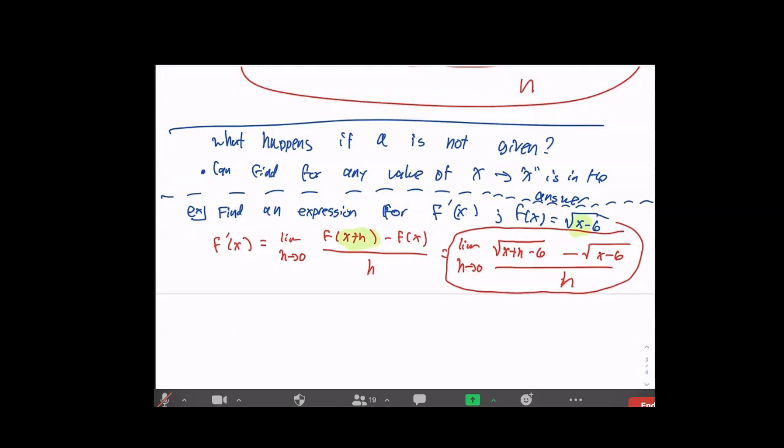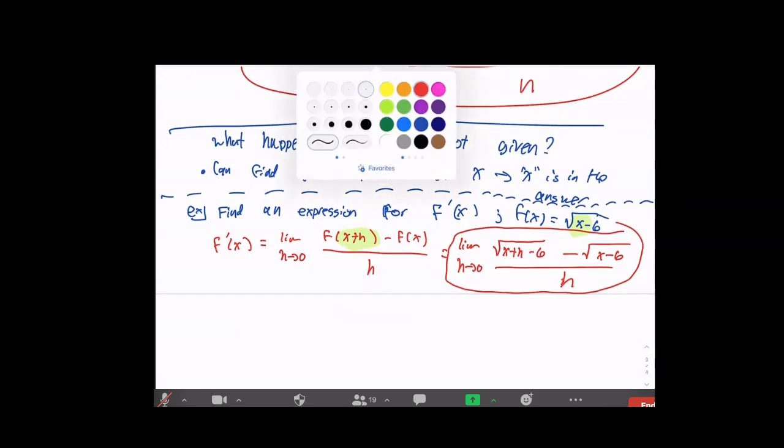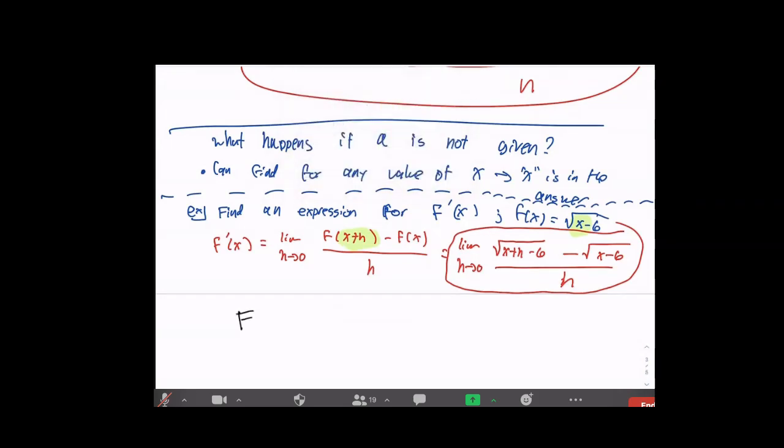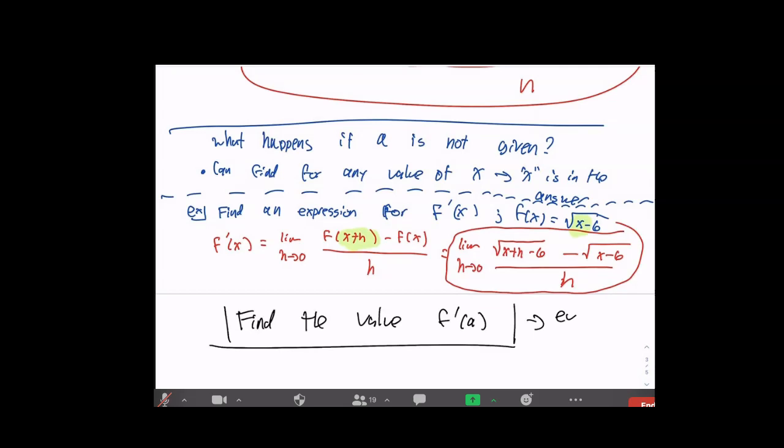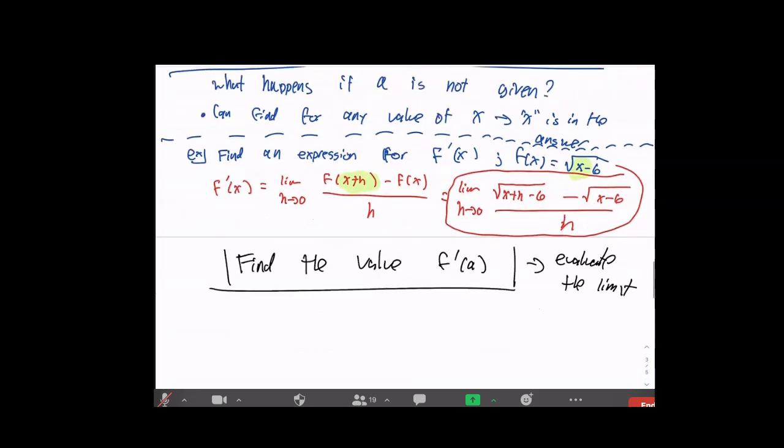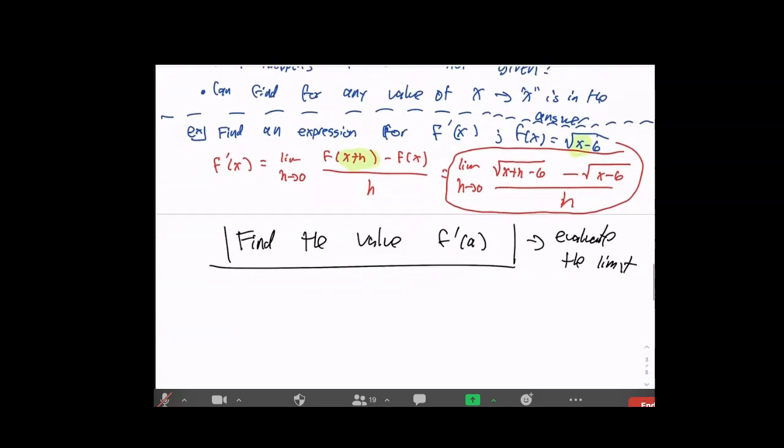So now, on our final piece of business today, let's find the value of f prime of a, which means we have to actually evaluate the limit. Now, in today's problems, just polynomials.